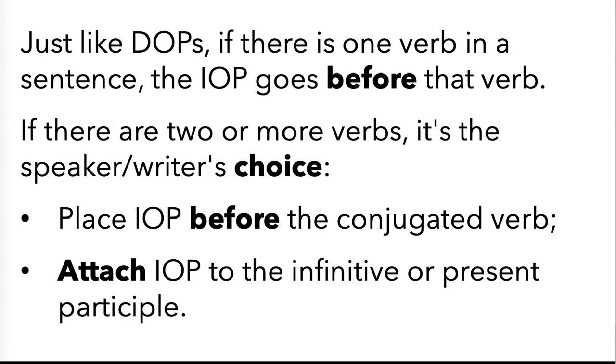If there are two or more verbs, it's the speaker's or the writer's choice. You can place the indirect object pronoun before the conjugated verb, or you can attach it to the infinitive or the present participle. So if I have a sentence like, estoy dando una fiesta, that's an example using the present participle, dando for dar.